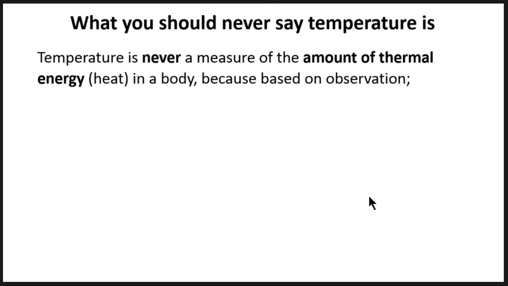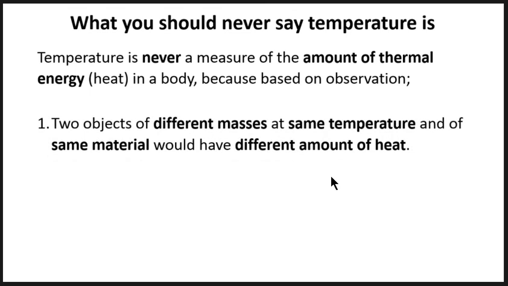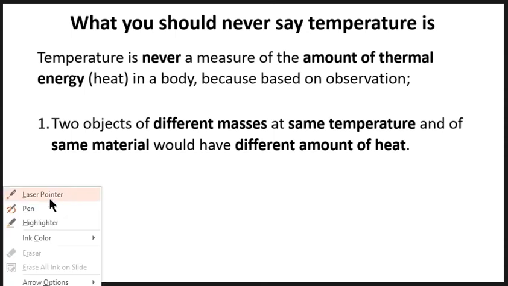Why do I say this? Or why do scientists come up with this? These are the reasons. Number one: two bodies of different masses at the same temperature and of the same material. Take note of those two points. I tell you again, two objects of different masses at the same temperature. Take note of that word, different masses.